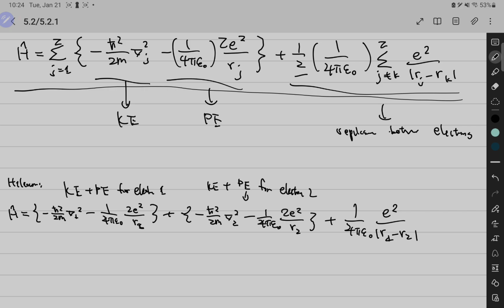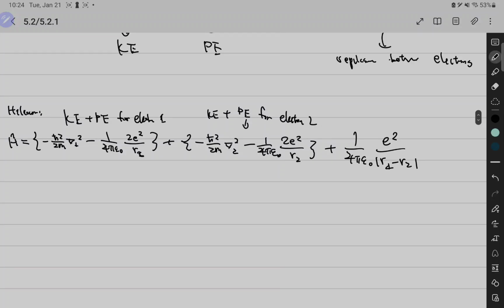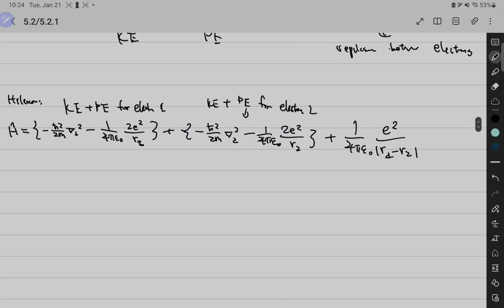The reason is that the 1 over 2 is there to account for something called double counting. If you're familiar with this summation, you'll know that double counting occurs when you include the same interaction multiple times. Let me think of an example to explain this.